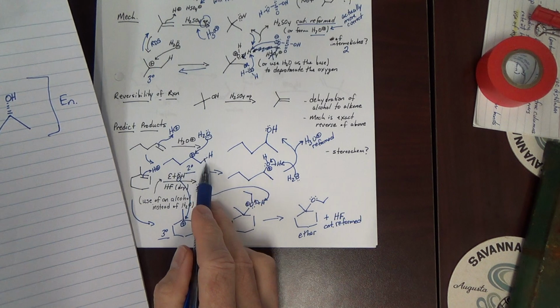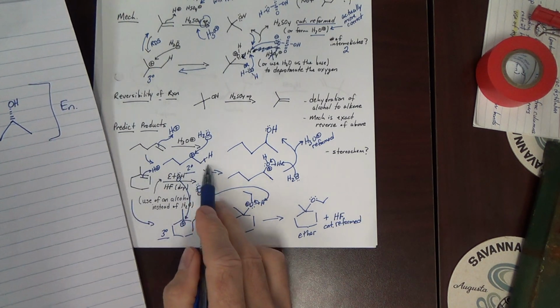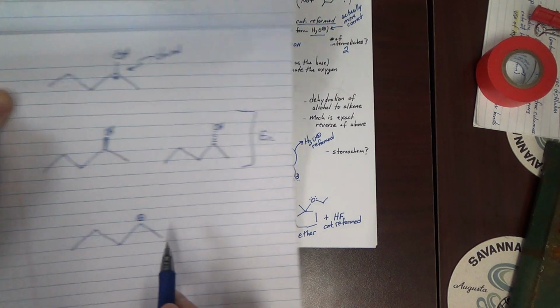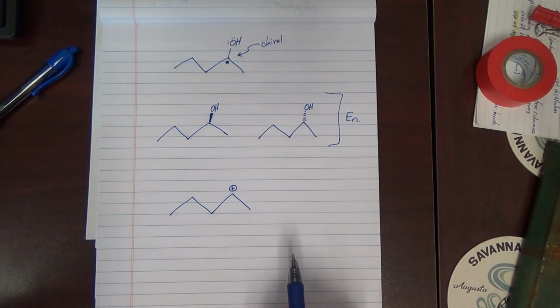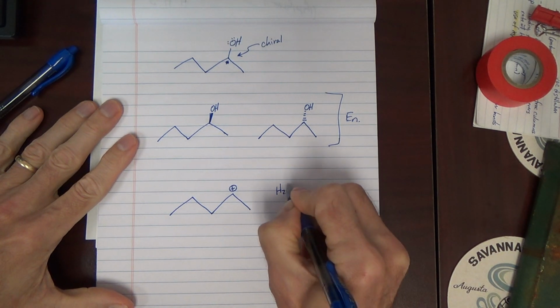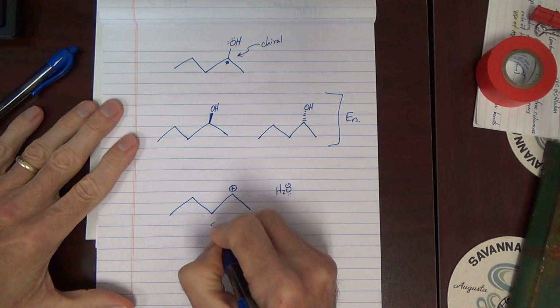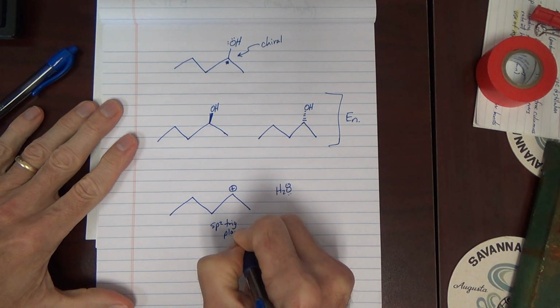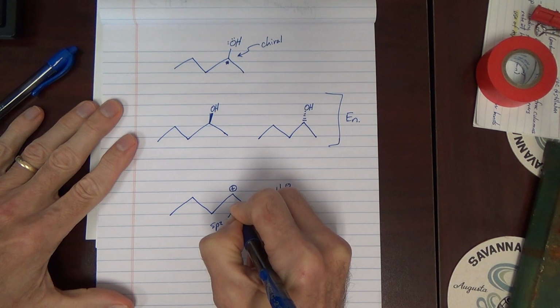It looks like it should be another carbon. Joining the H is actually a little bit funny looking. So I don't have it here. When water attacks this, how does it attack? Well, this is sp2 trigonal planar. Okay, you should know why.